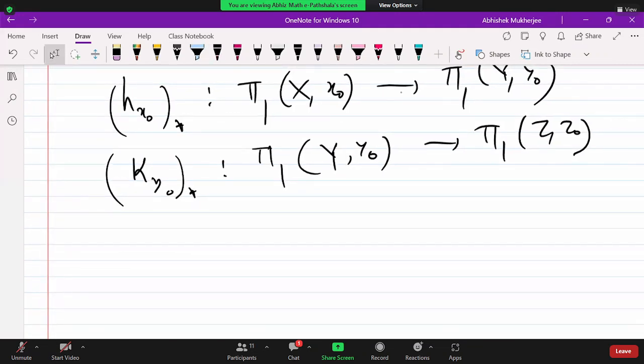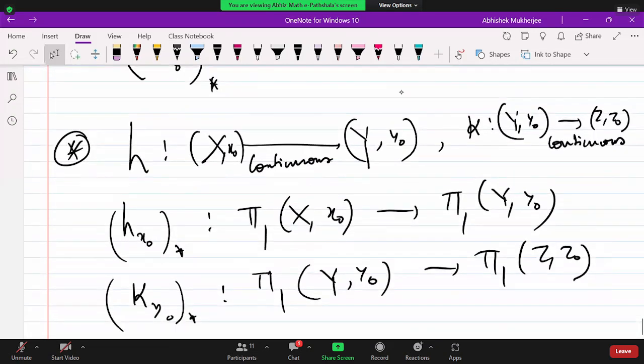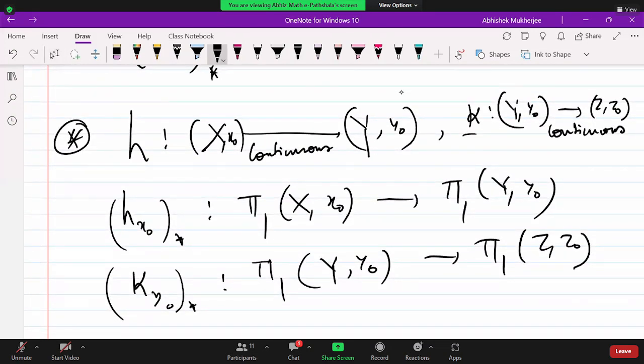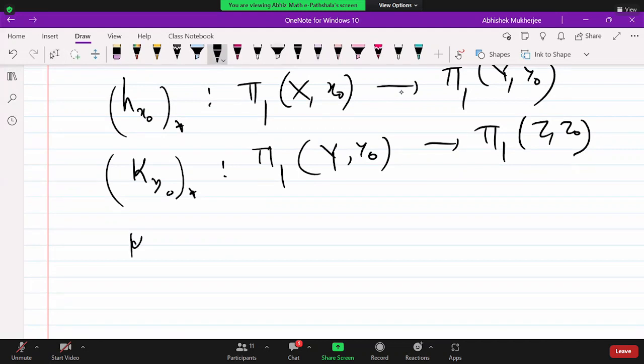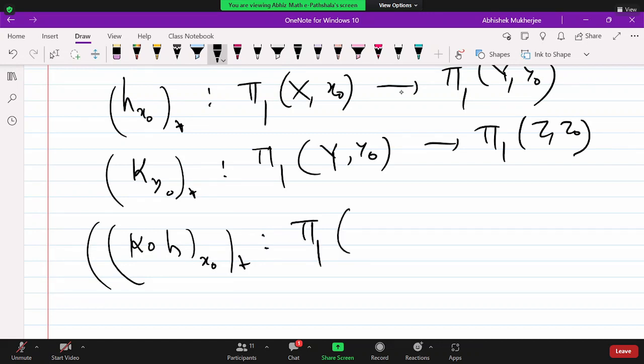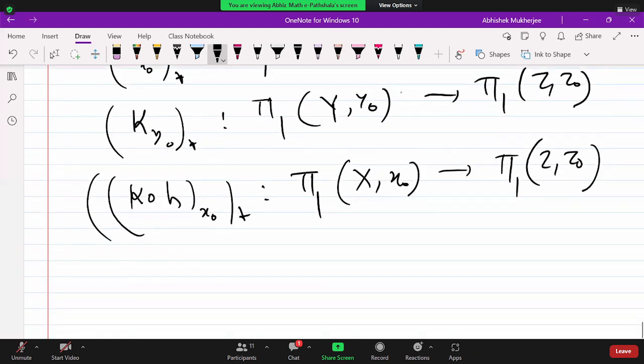And therefore, if you are composing these two maps, h and k, then you have a continuous map from X, x naught to Z, z naught. And this will give rise to another homomorphism, which is k composed h, x naught star, from the fundamental group of X based at x naught to the fundamental group of Z based at z naught. Okay.